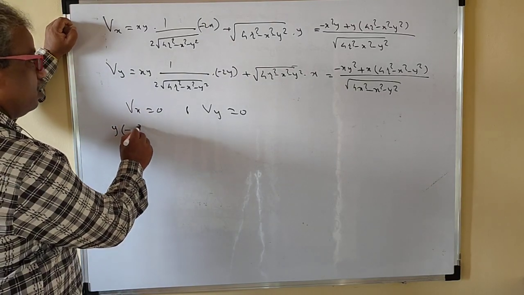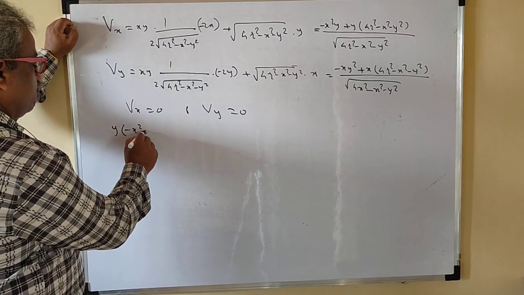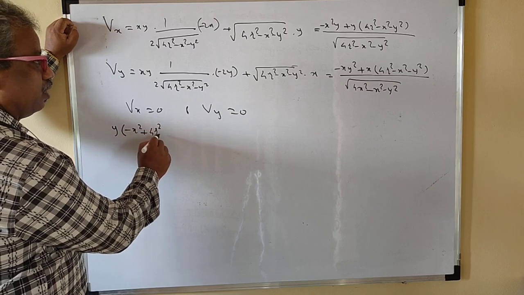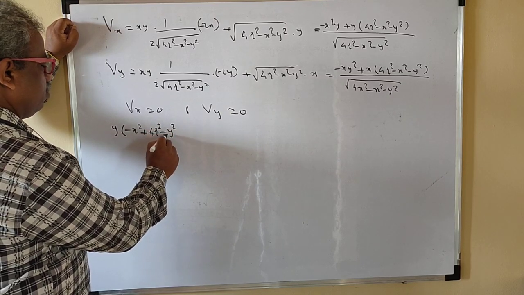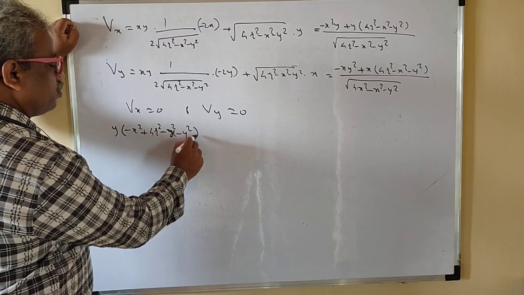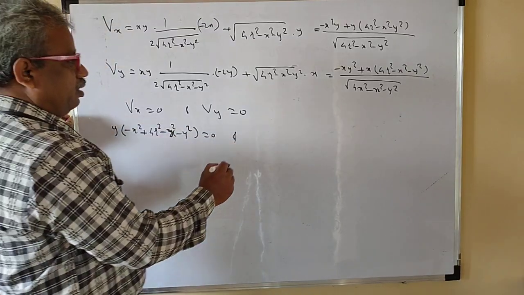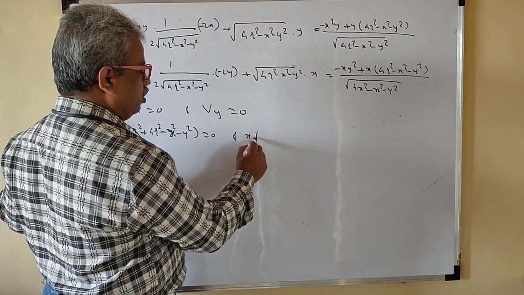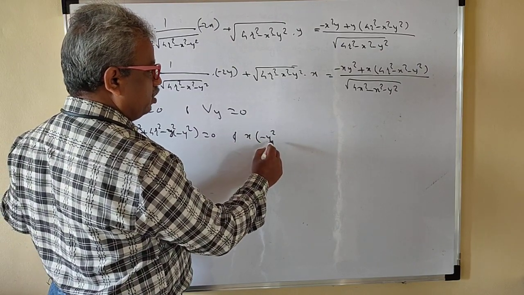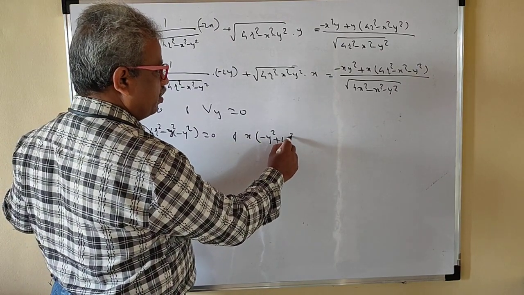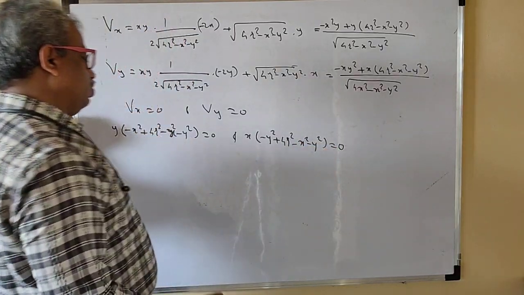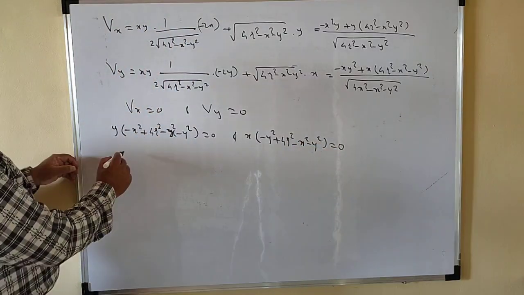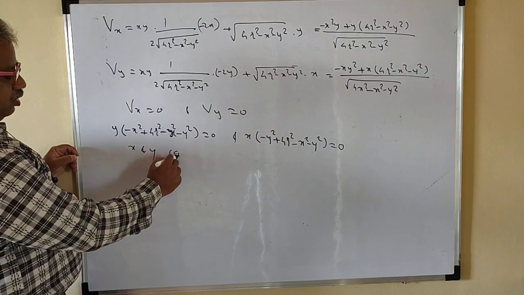Minus x square plus 4r square minus x square minus y square is equal to 0. And I can take x common here. So this is what? Minus y square plus 4r square minus x square minus y square is equal to 0.